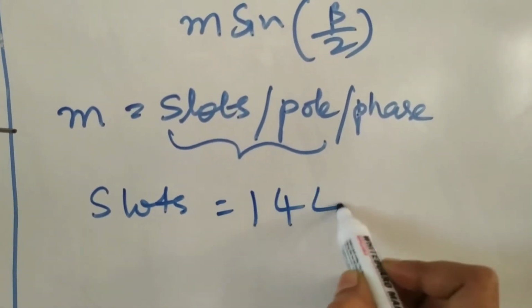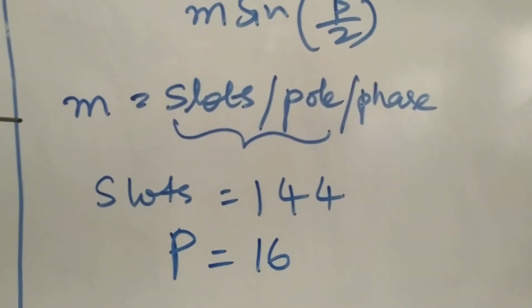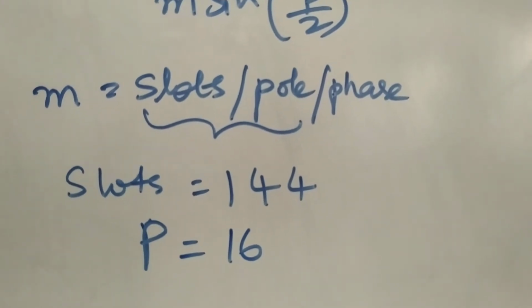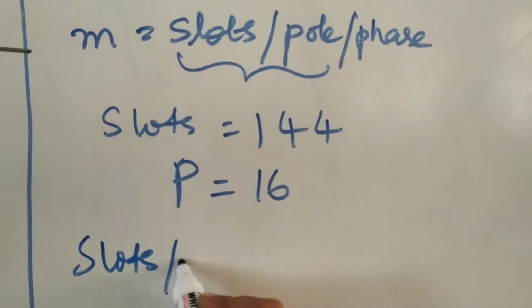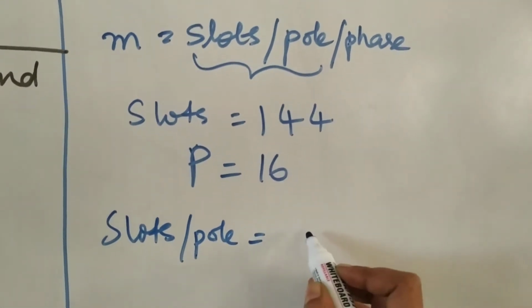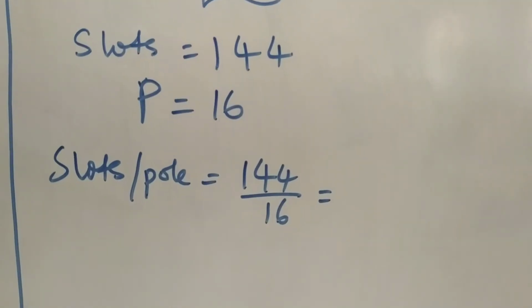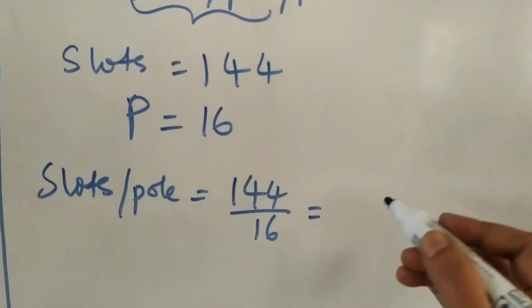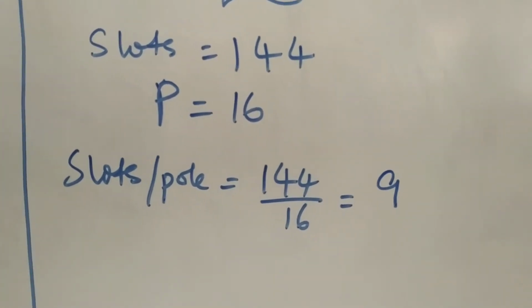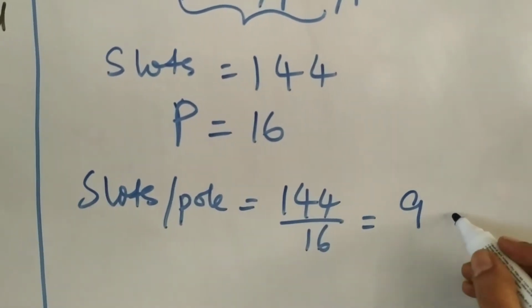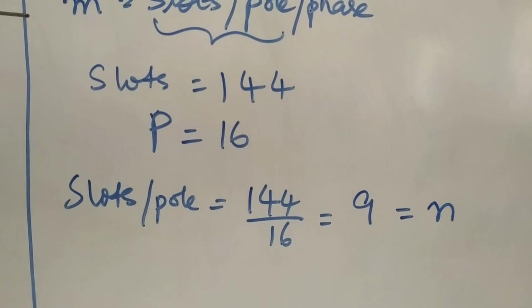The number of slots is 144 and the number of poles is 16. So 144 divided by 16 gives the slots per pole, which is 9. Let me denote this as n.